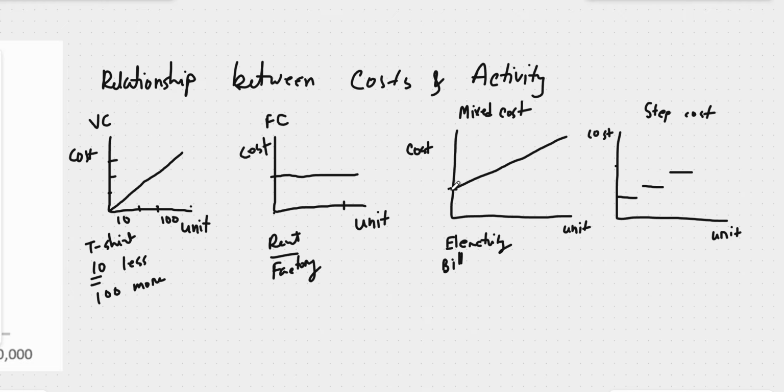It is fixed, and it depends. The more production you have, the more electricity you are going to use. So this is a type of mixed cost, which is fixed, but if the number of units changes, your cost also increases.